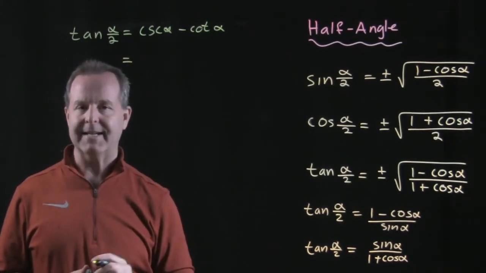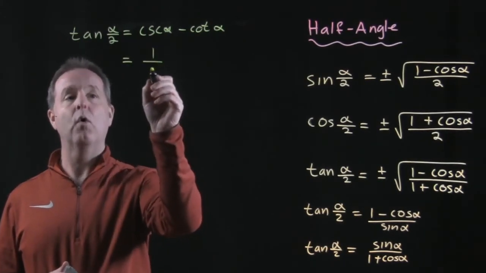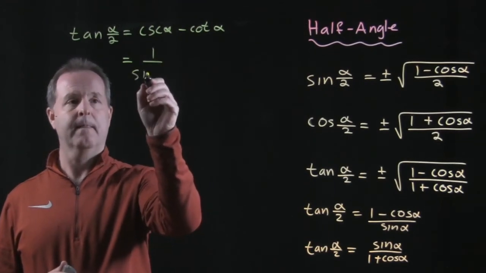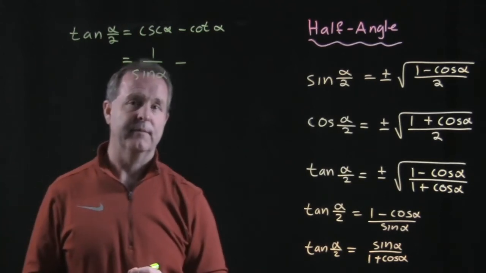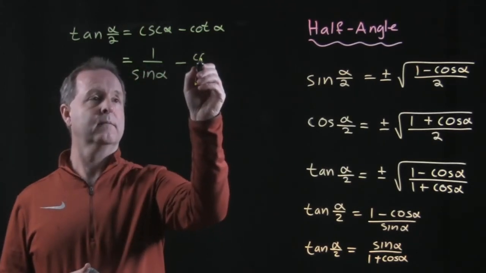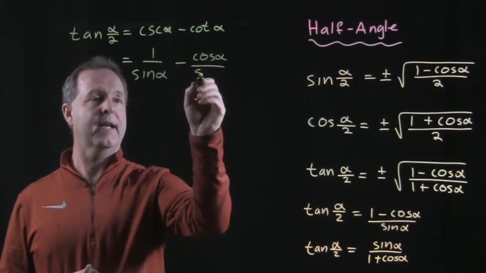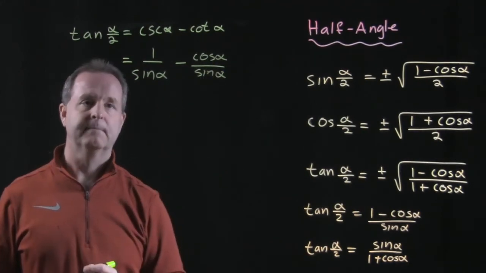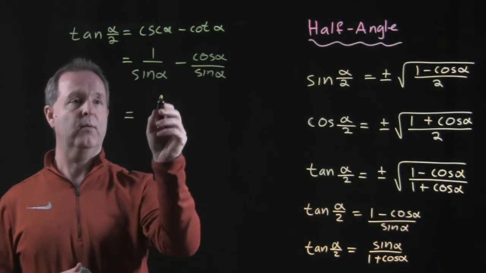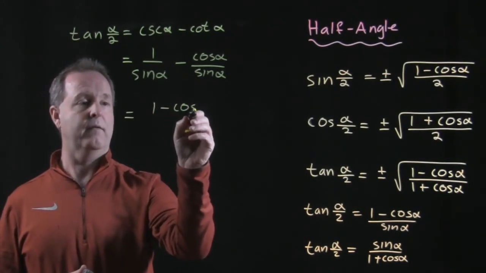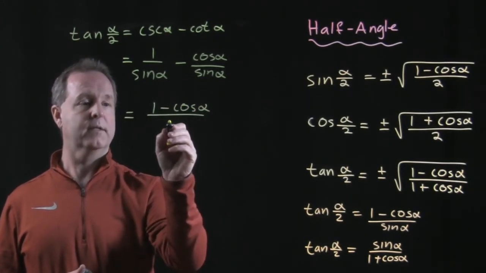Remember what cosecant of alpha is? That's the reciprocal of the sine of alpha, 1 over sine alpha. Cotangent is cosine over sine, so cosine of alpha over the sine of alpha. From there, I have common denominators, so I can rewrite it as 1 minus the cosine of alpha all over sine of alpha.